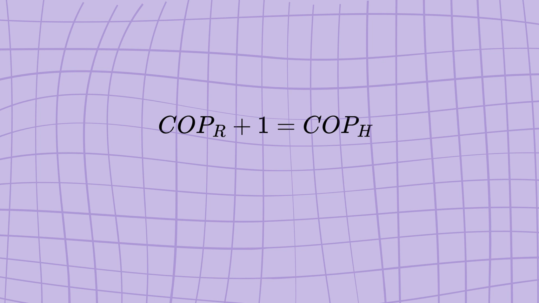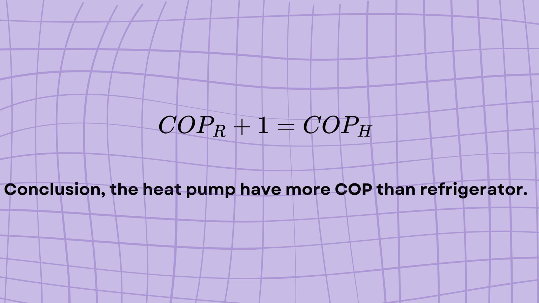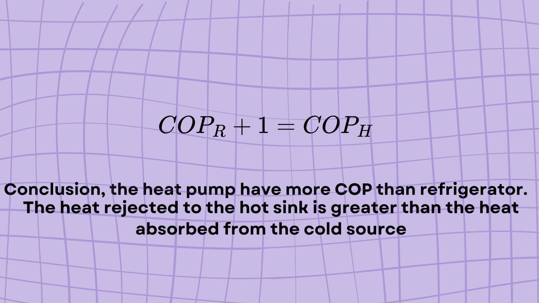So we substitute them, and we get a new equation: coefficient of refrigerator plus 1 equals coefficient of heat pump. So the conclusion is that the coefficient for heat pump will be higher than the coefficient for refrigerator because the heat rejected to the hot sink is greater than the heat absorbed from the cold source.